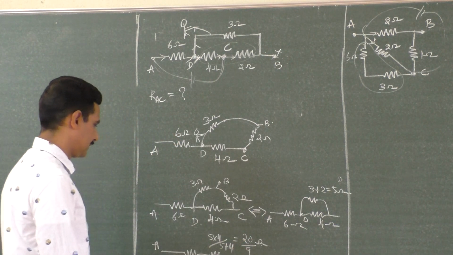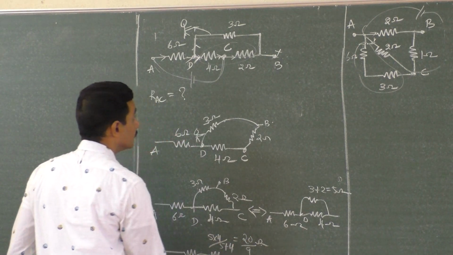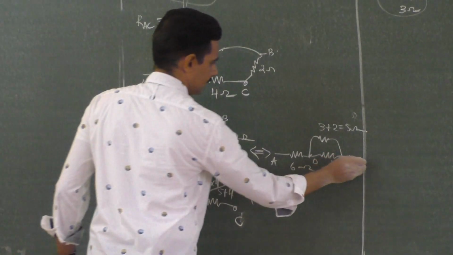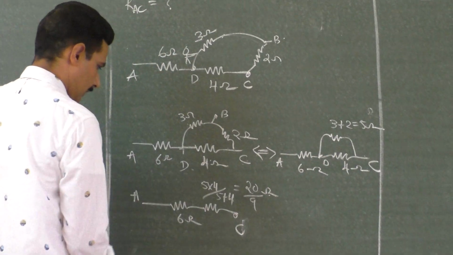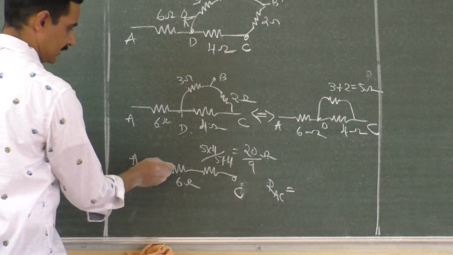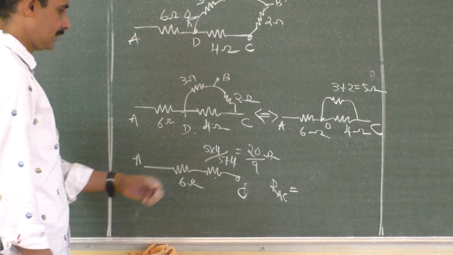Now what is the final answer? 20 by 9. So here is B. No, that is what is required now. Here is C, because the other end of the 4 ohm is C. So what is RAC? RAC is these two resistances added. This one plus this one. This one is 20 by 9 ohm. This is 6 ohm.